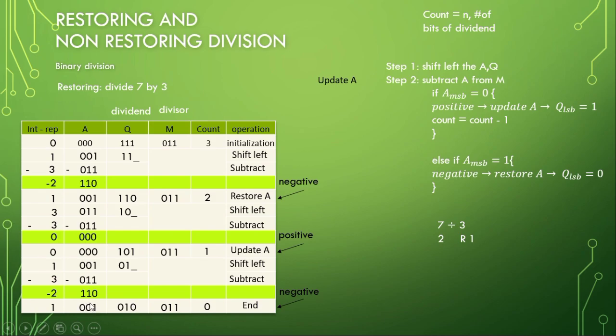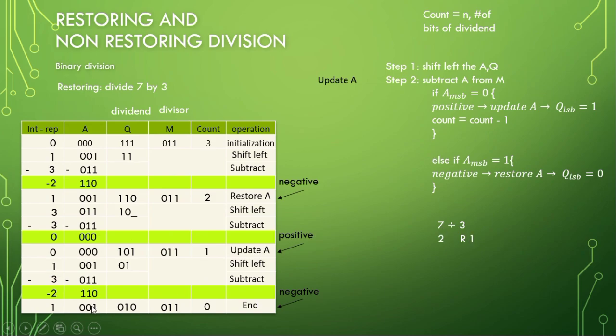So now, I want you to get your calculator and try to prove this. 7 divided by 3 goes in there 2 times, right? 7 divided by 3 has a value of 2 and a remainder of 1. And we can see in our dividend value we have positive 2 there, which is 0, 1, 0, positive 2 using 3 bits. And our remainder in the accumulator is 1.